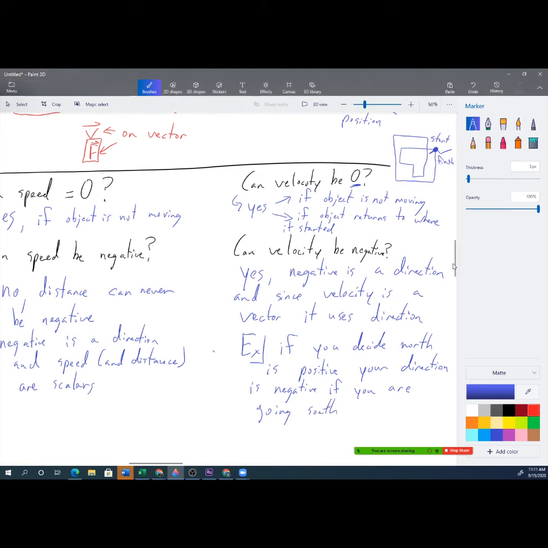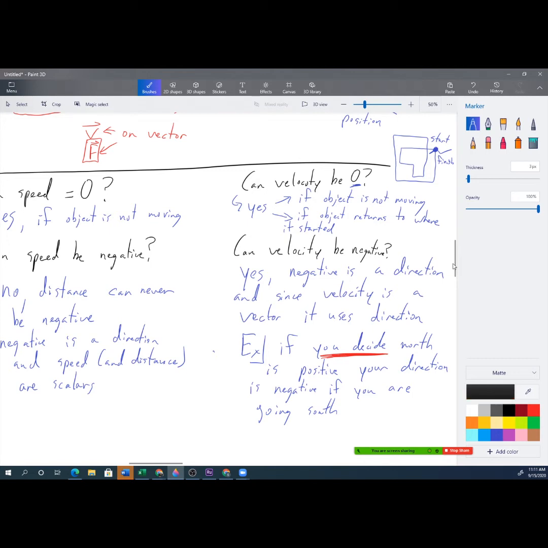And the key words there really are these. When we talk about positives and negatives, there is no convention that says this has to be positive, this has to be negative. In physics, one of the perks is we get to decide what we want to call positive and what we want to call negative.